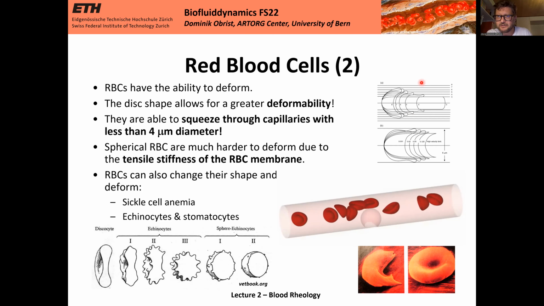There are numerical simulations. These are rather old results, I think some are from the 90s, but they're still quite valid. And they show in 2D the cross-sectional shapes of red blood cells in different vessels. So this shape here, the largest one, that would be the shape of a red blood cell in a vessel of that size, like the outermost straight line.